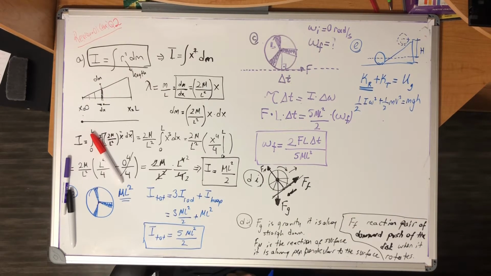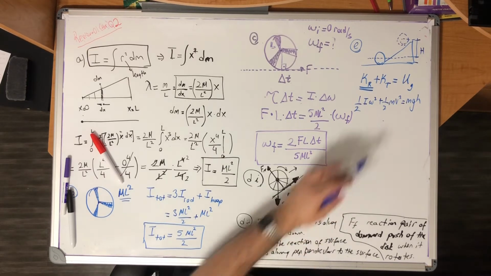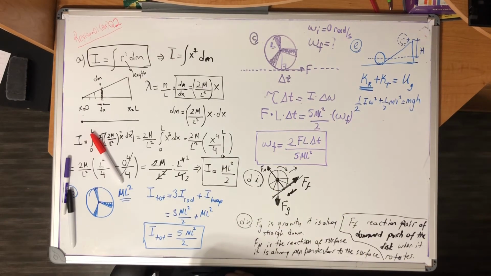So all we need to do is solve this entire equation for h with the quantities that we are allowed to use. We can use L, I total, omega, and m.